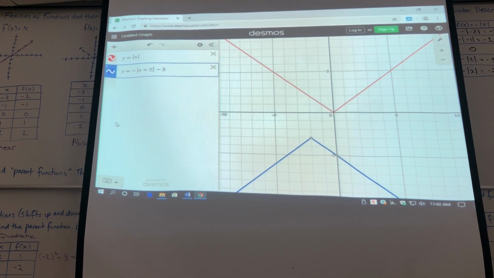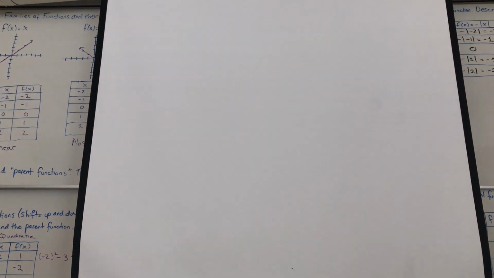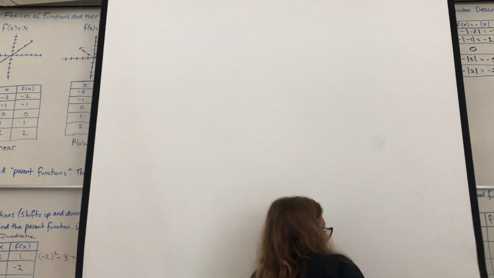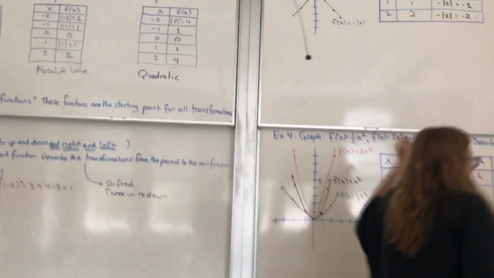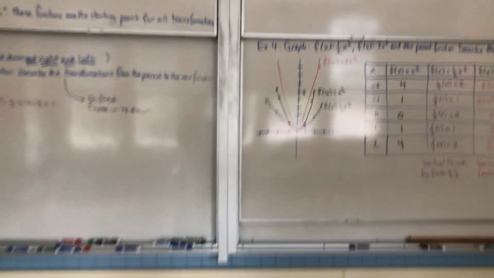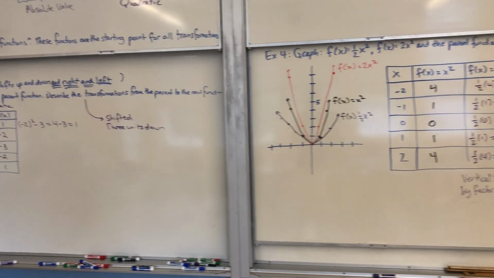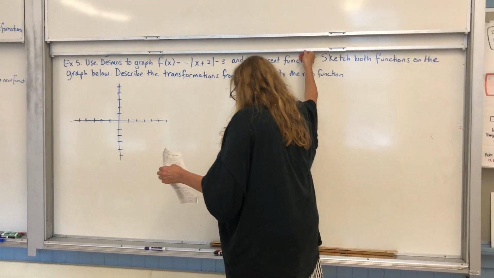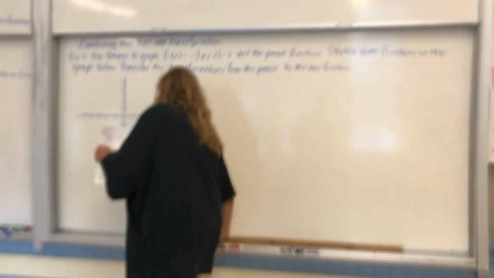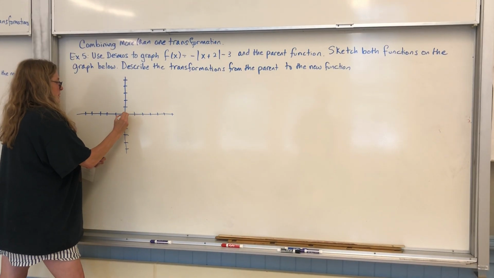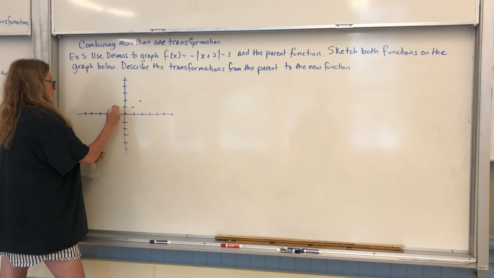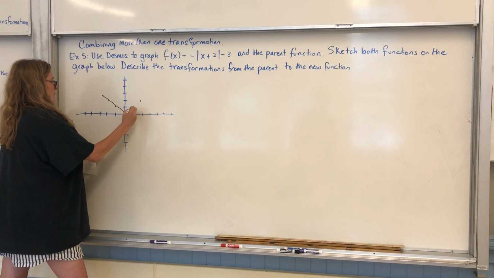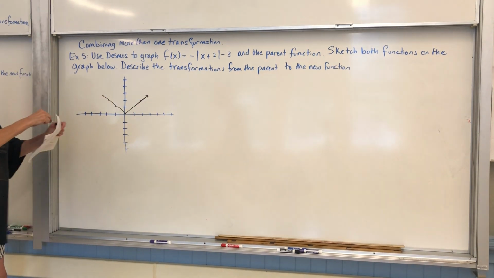So I'm going to shut this off. Okay, so if we sketch it, we can see that our absolute value parent looks like this as usual, like it always does. And our new function looks like this.